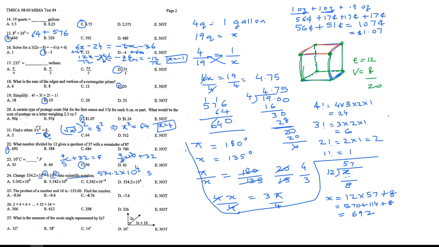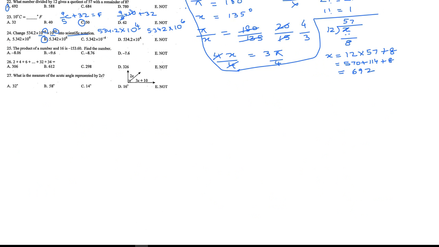So I will rewrite this as 5.342 into 10 to the power 6. And the reason is because I moved the decimal two places to the left. So that's why I have to increase the power of 10 by 2. So the choice would be B, that has the answer that matches ours, 5.342 into 10 to the power 6.